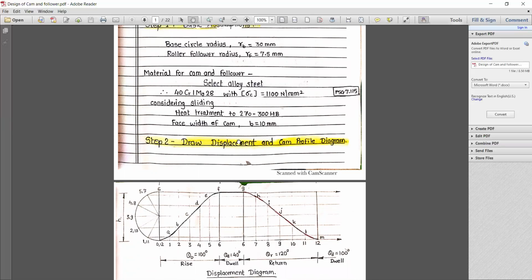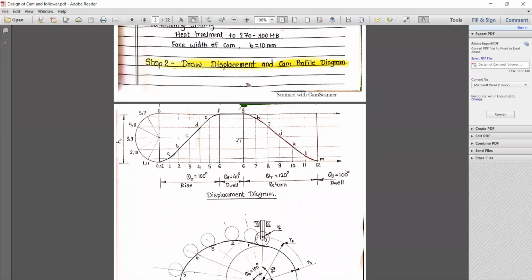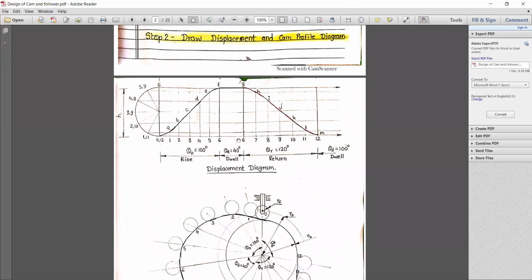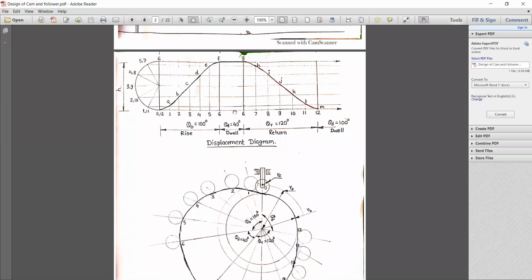Now next we have to draw a displacement diagram and a cam profile diagram. This is the displacement diagram. So how can we draw a displacement diagram? Initially I have marked the height, that is h equal to 20 mm, with a suitable scale.